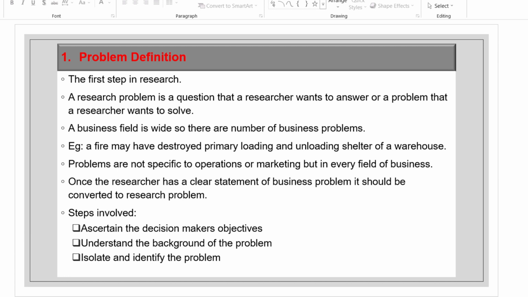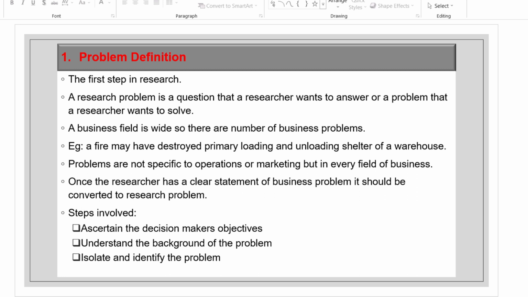For example, a strike of manufacturers, or a fire may have destroyed primary loading and unloading shelter of a warehouse. These are the problems. So a researcher wants to study what causes this, or what are the after effects.